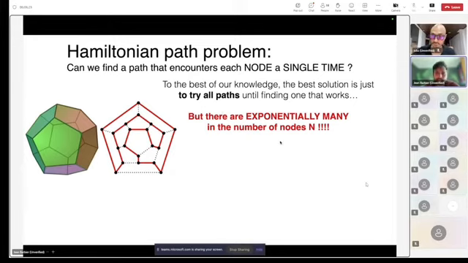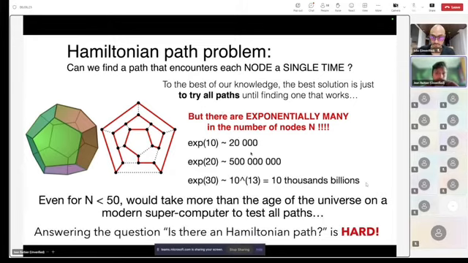And of course exponentials grow extremely fast. So even if you have a number of nodes which is 30, you would have to try a number of paths which is of the order of tens of thousands of billions. If the number of nodes is around 50, trying them all on a supercomputer would take more than the age of the universe.